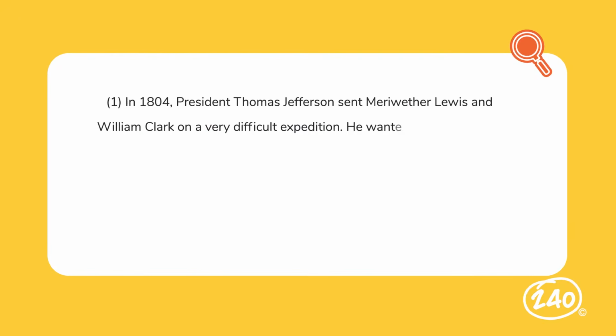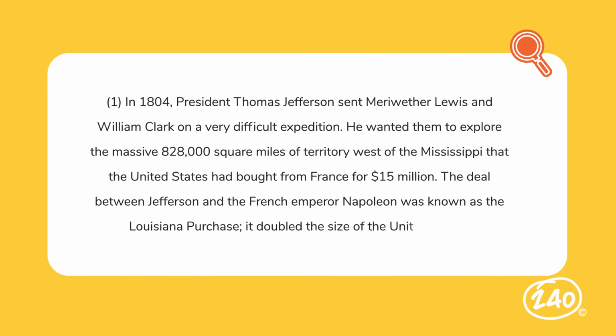In 1804, President Thomas Jefferson sent Meriwether Lewis and William Clark on a very difficult expedition. He wanted them to explore the massive 828,000 square miles of territory west of the Mississippi that the United States had bought from France for $15 million. The deal between Jefferson and the French Emperor Napoleon was known as the Louisiana Purchase.